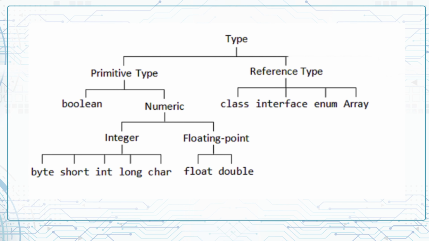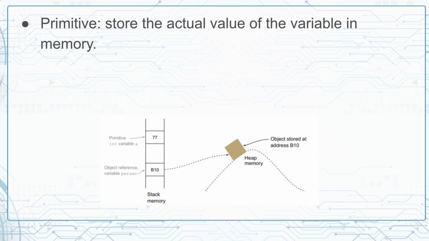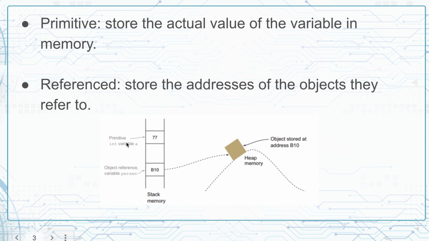So let's get to the difference between the primitive types and reference types. The first difference is that the primitive types store the actual value of the variable in memory. That means if you define an integer variable, let's say you define integer a inside your code and you give it the value of 77, this value will be saved directly to the memory stack.